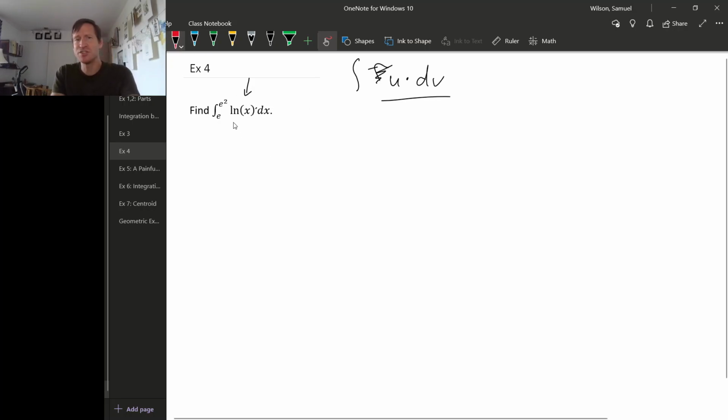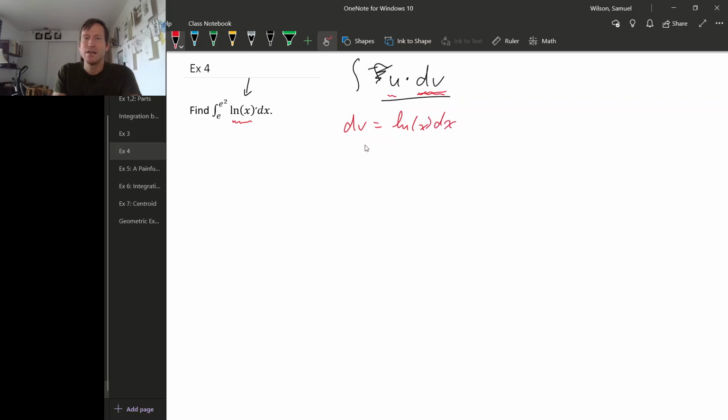So first we have to choose this natural log x. Is that going to be part of u or part of dv? Well, if dv were natural log x dx, to use integration by parts, we would have to know what v is.